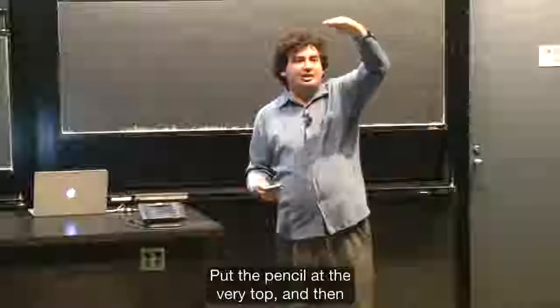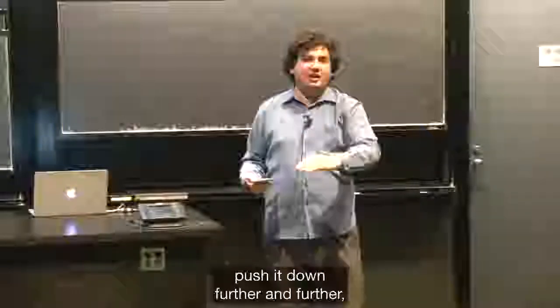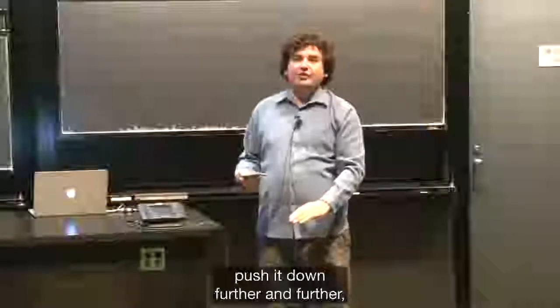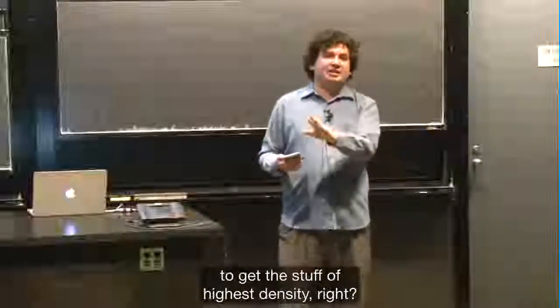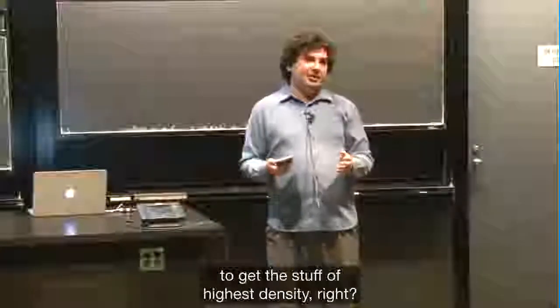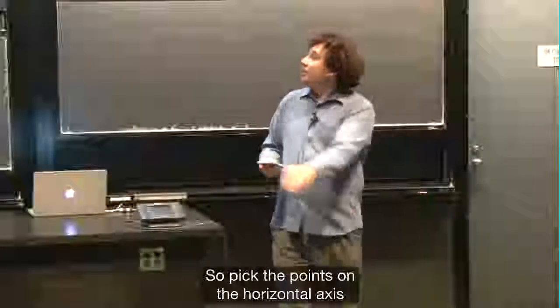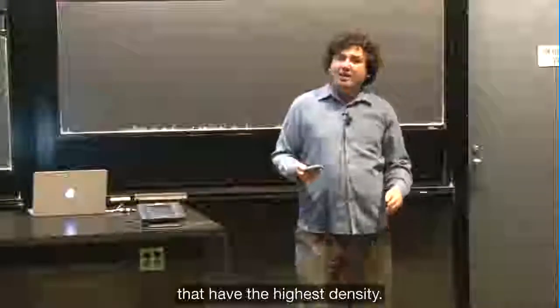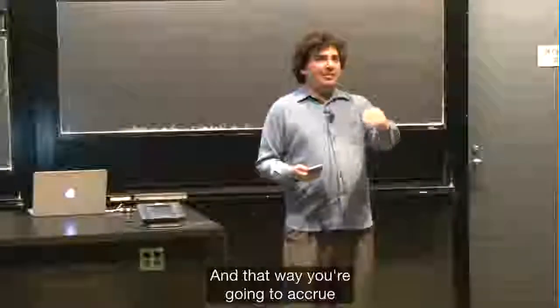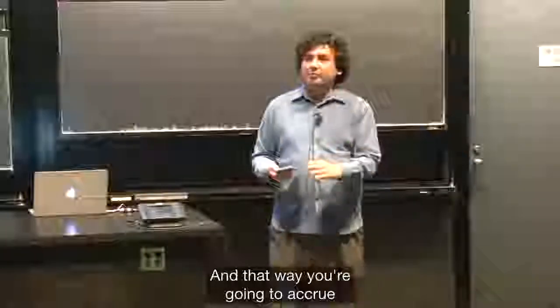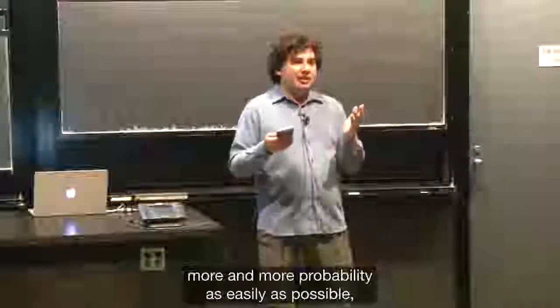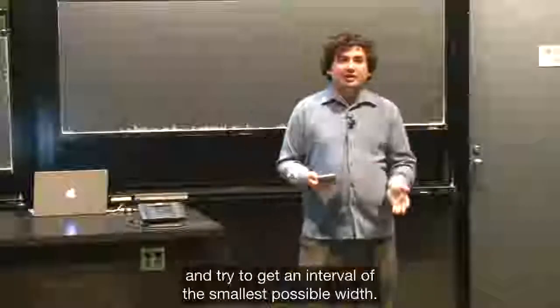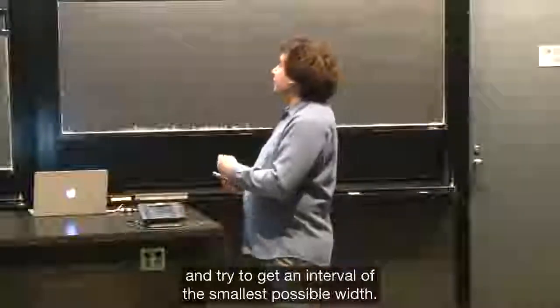The point is that you're trying to get the stuff of highest density, so pick the points on the horizontal axis that have the highest density. That way you accrue more and more probability as easily as possible and get an interval of the smallest possible width.